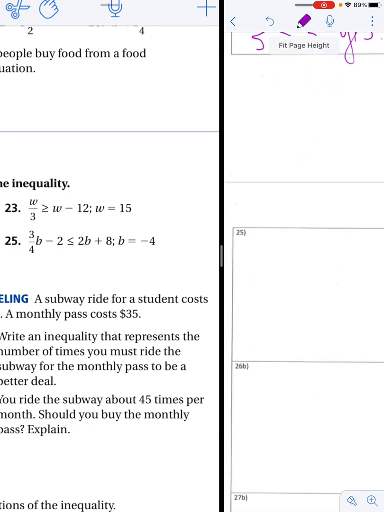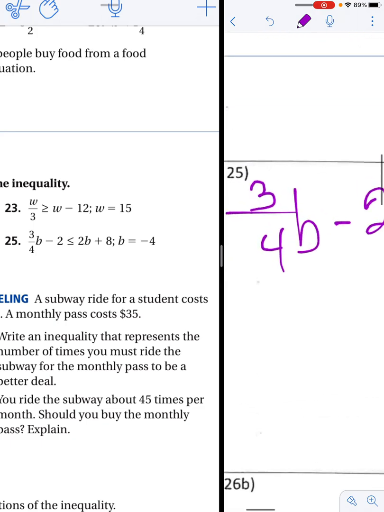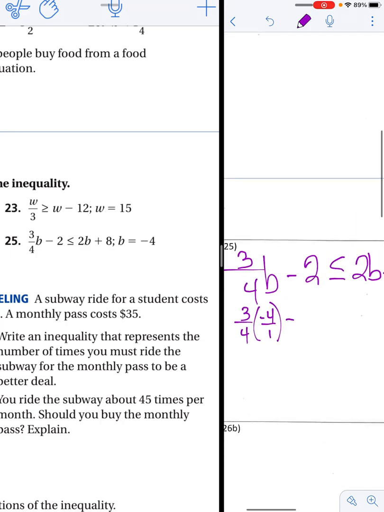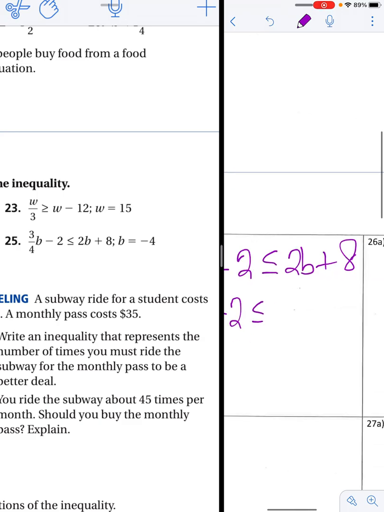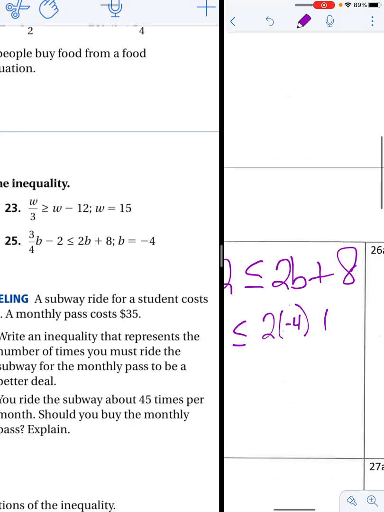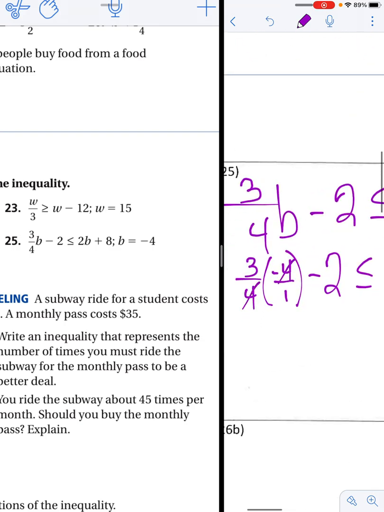There's one more. Number 25. 3/4 b minus 2 is less than or equal to 2b plus 8 when b is negative 4. So substitute in negative 4 for all of our b's. And then you'll show your solution.